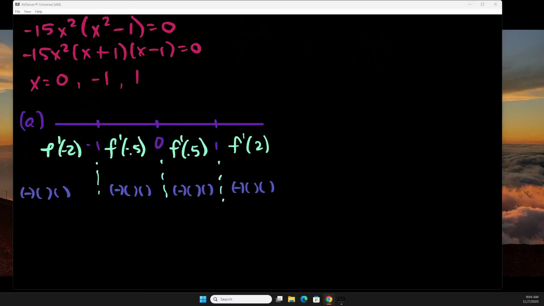All right, and then we can plug in our negative 2, negative 0.5, and then 2.